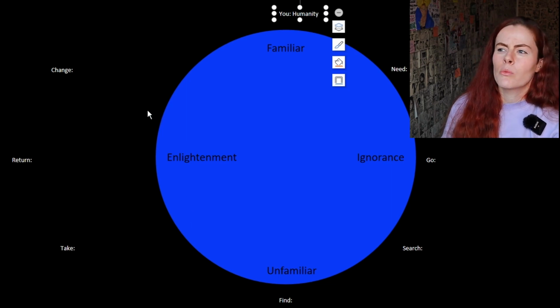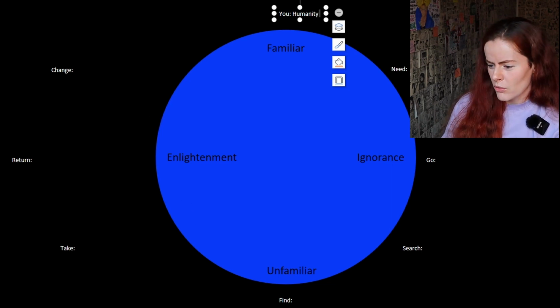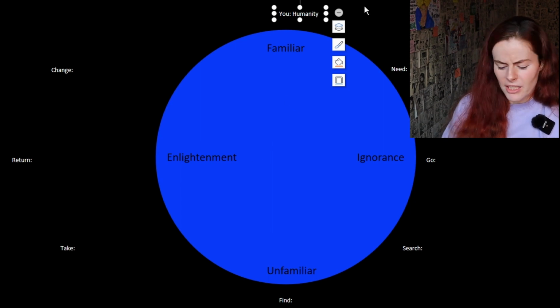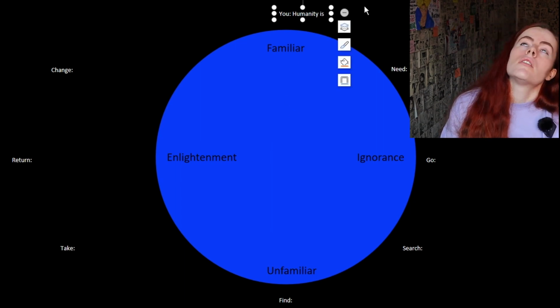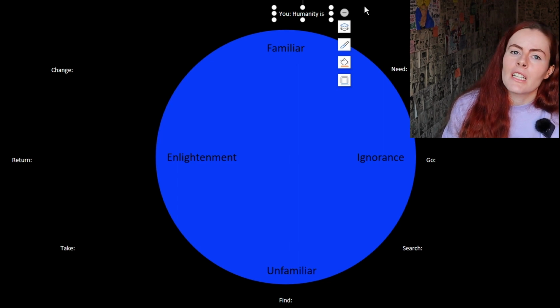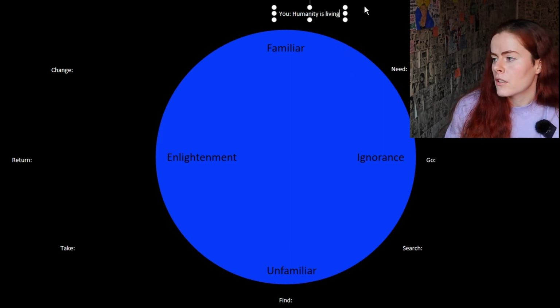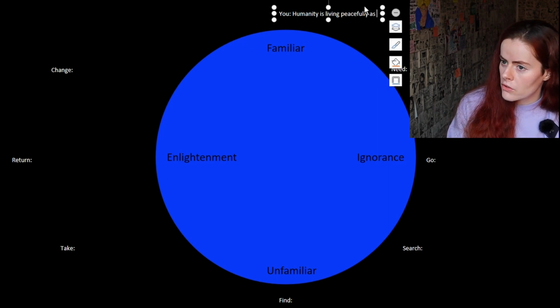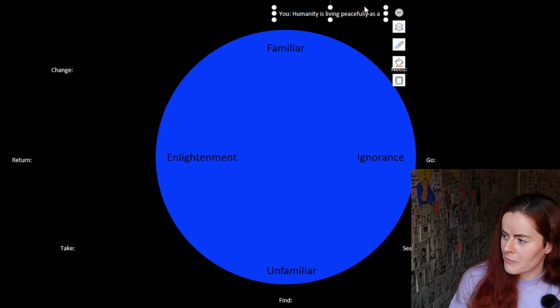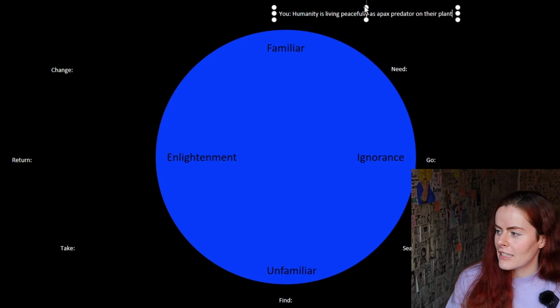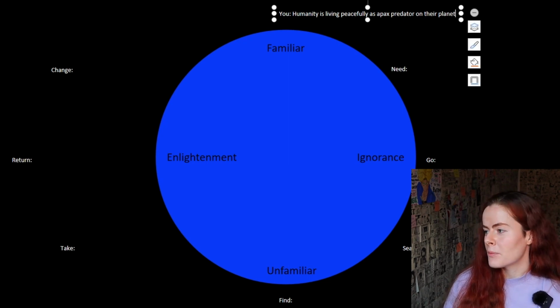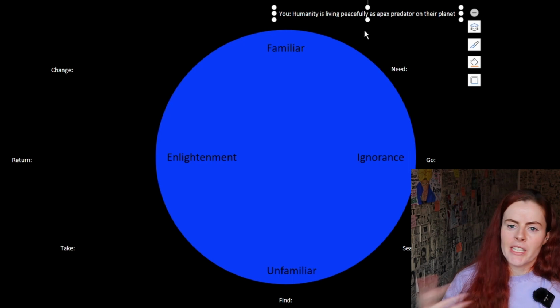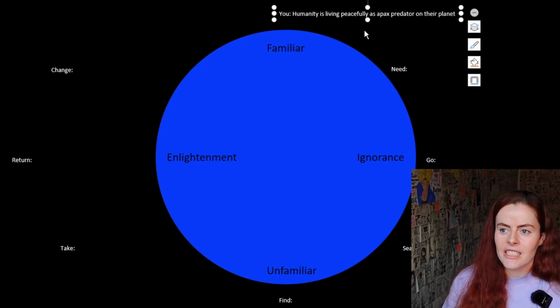Just who is the character? Do I also need to establish their weakness or their status quo? Humanity is living peacefully. Maybe that sounds a bit weird, but it's basically saying that there's a planet, there are humans living on it, and they are the dominant species.